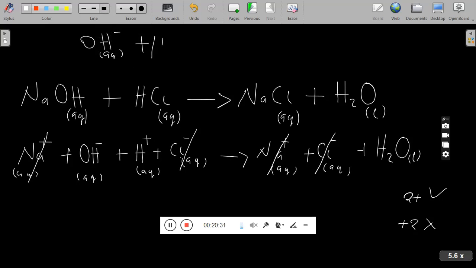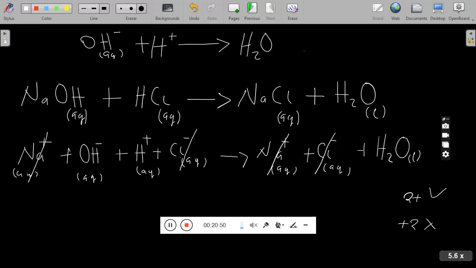These are the only ions we have remained with, H positive, and for the products, we just have one product because this one and this one have been removed, so we just have H2O.